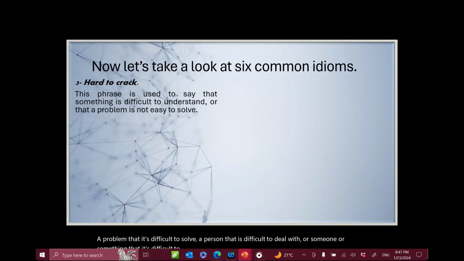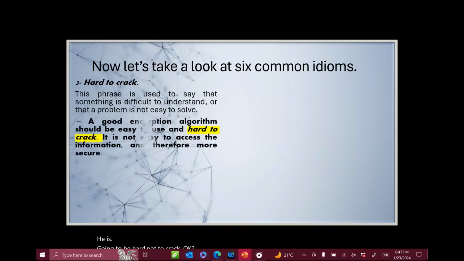Example: the new boss is really hard to figure out. He is going to be a hard nut to crack. Okay, so now we understand its meaning.